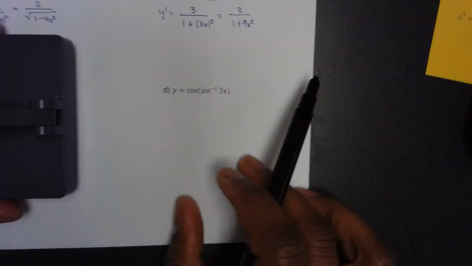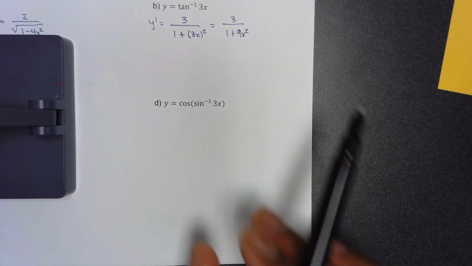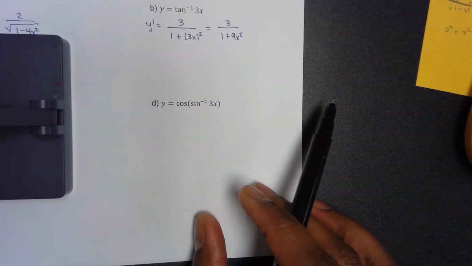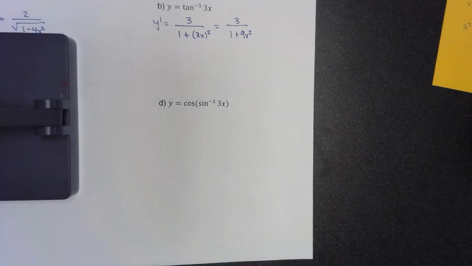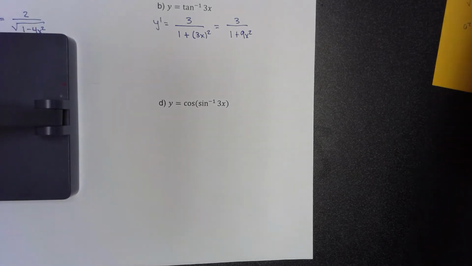Letter D. Cosine of sine inverse 3x. There are two ways to do this. Let's look at both ways.